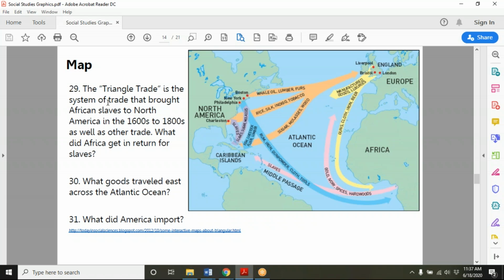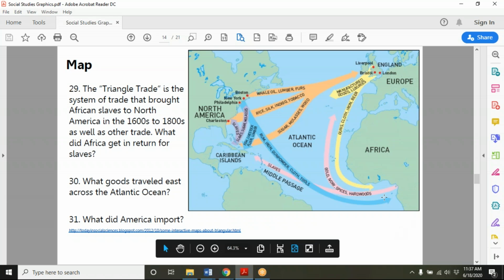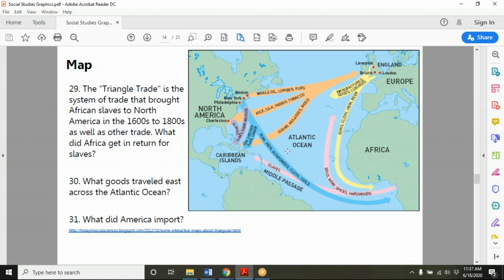Question number 29, the triangle trade is a system of trade that brought African slaves to North America in the 1600s to 1800s, as well as other trade. What did Africa get in return for slaves? So slaves are coming out. We look at the arrows. Pink is out of Africa. They're exporting slaves to the Caribbean, and gold, ivory, spices, hardwoods are going up north to Europe, to England.